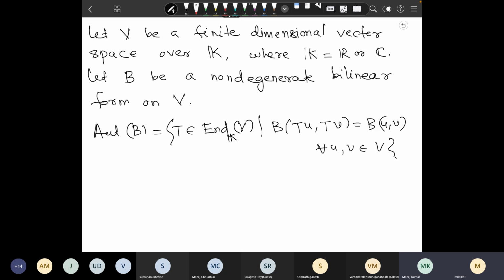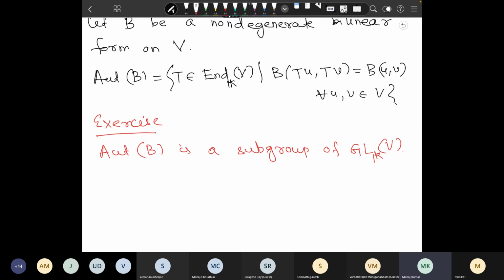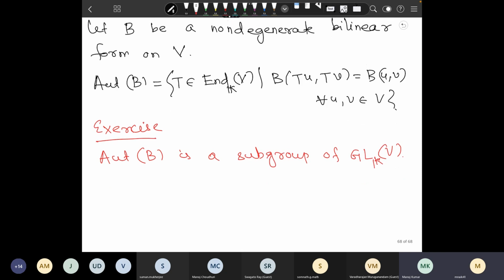Now an exercise, or you might know this already: O(V,B) is a subgroup of GL(V). The members of this O(V,B) are invertible, and this actually forms a group.